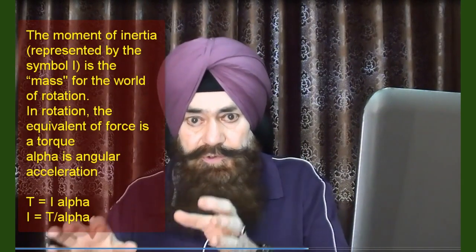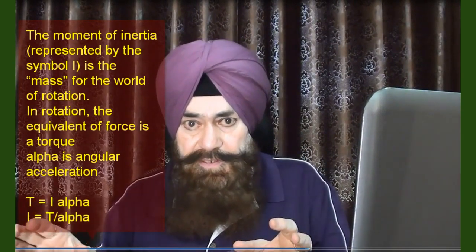But in rotational motion, it is not only the mass but the distribution of mass about the axis of rotation. If this is the axis of rotation and the body is orbiting like this, then the moment of inertia depends upon how the mass of the body is distributed from the axis.